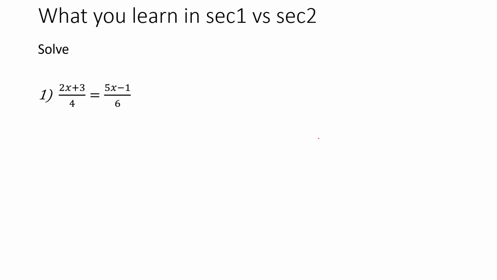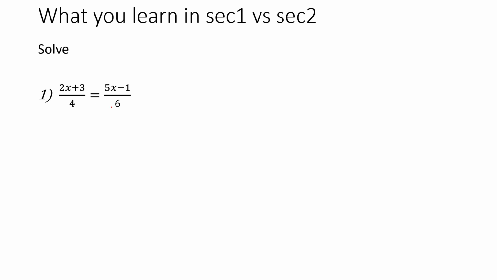Lastly, let us try to recap on how to solve this kind of equation, which there are two methods. One method is to split them up, the other method is to cross multiply, which is this. So let me just erase this.